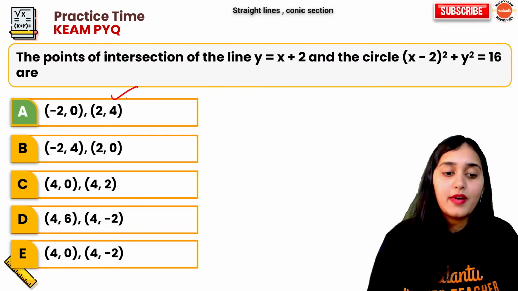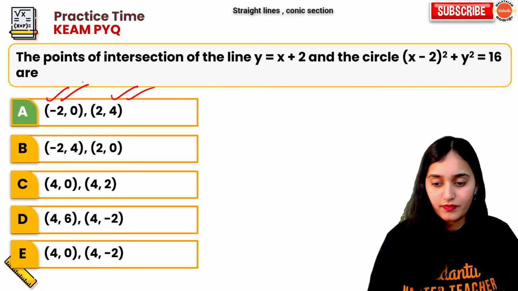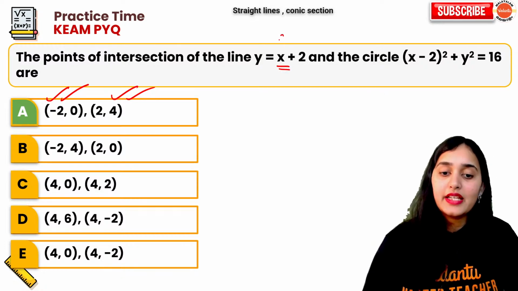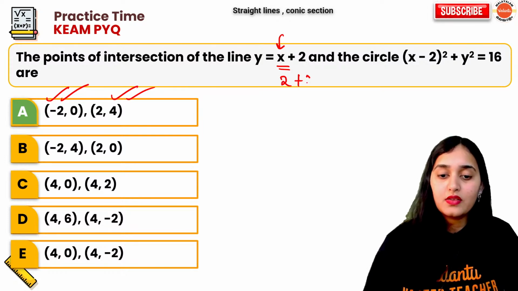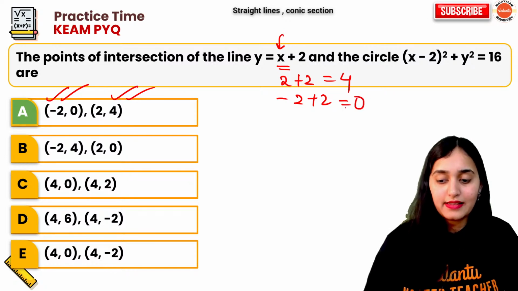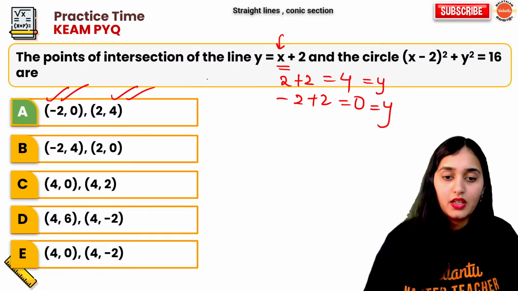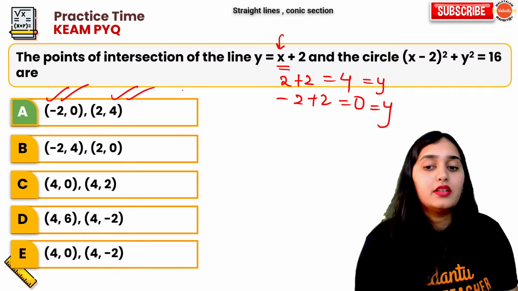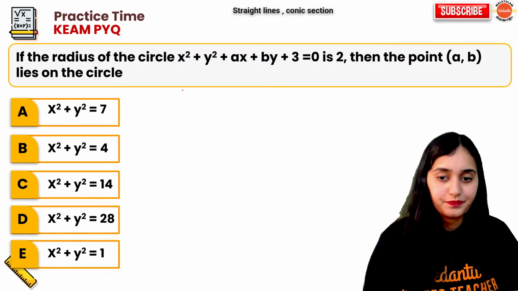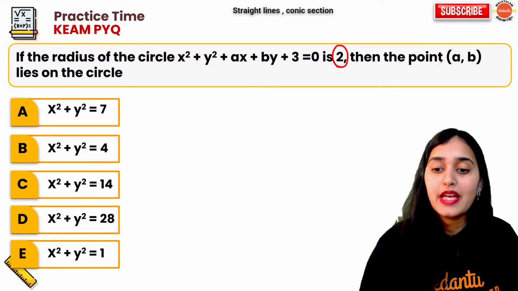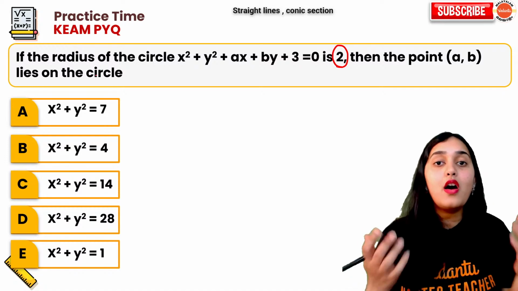So the points are (2, 4) and (-2, 0). Clear to everybody? First we get the value of x. Then we put the value of x in y equals x plus 2. So we get y as 4, y as 0. And we have already found x. So that's our answer.